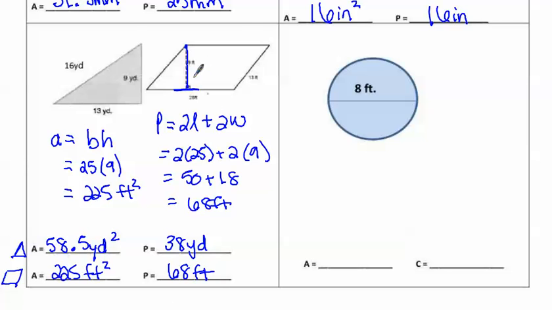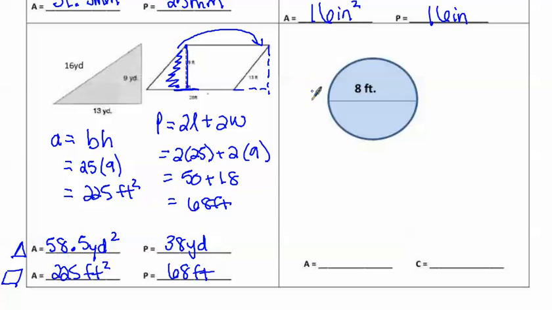Remember, you want to take this triangle here and you're moving it to this side of the parallelogram to give it a shape of a rectangle. This is why you use the same formula as a rectangle.